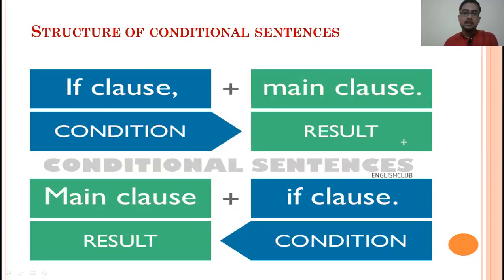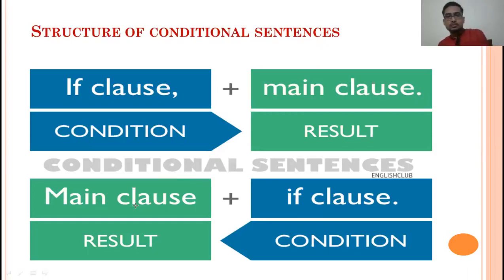Again, it can be arranged in this way. Look at the second structure. Conditional clause may go to the later part of the sentence, and main clause, I mean principal clause, may come at the first part of the sentence. So in these two ways you can arrange conditional sentences.